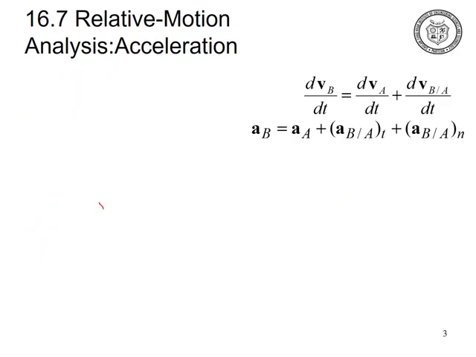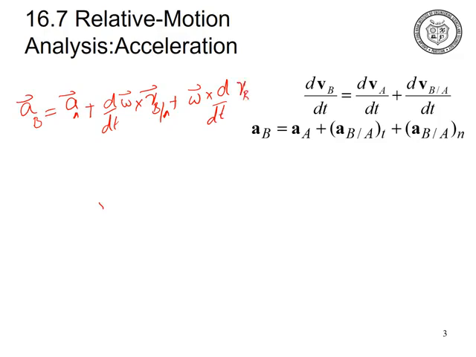So the acceleration equation that we tried in the previous slide was AB equal to AA plus d by dt of omega cross R B with respect to A plus omega cross d by dt of R B with respect to A. This equation further becomes AB equal to AA plus d by dt of omega, the rate of change of angular velocity, which is alpha, the angular acceleration.